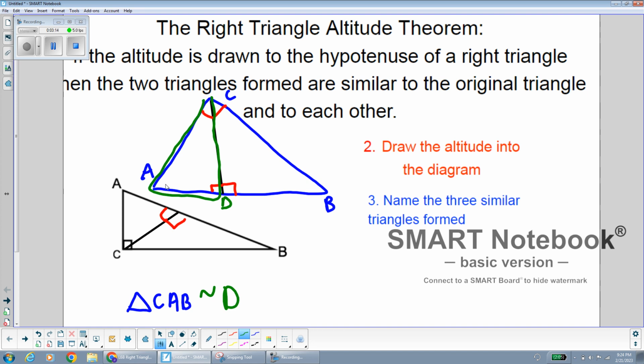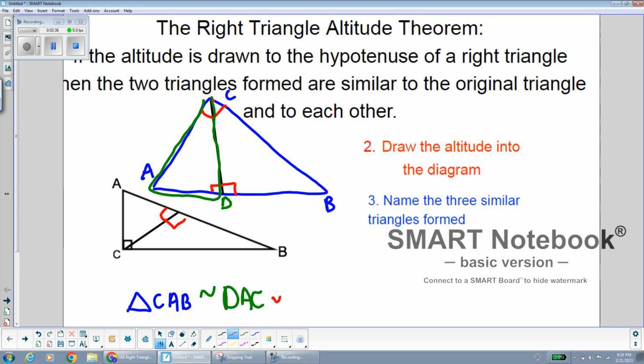So it's shared between the big right triangle and the smaller green right triangle, so it's congruent to itself by the reflexive property. Since it's shared between the two triangles, it's going to correspond, so I'm going to put that second, just like I have it second here. And that leaves C to go last in this triangle name.